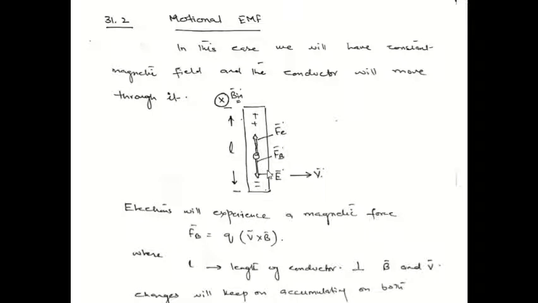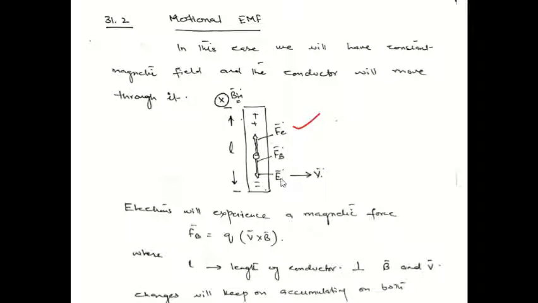Here you can see that we have a conductor of length L, and the magnetic field is going into the plane of the laptop. The conductor and the magnetic field are perpendicular to one another.